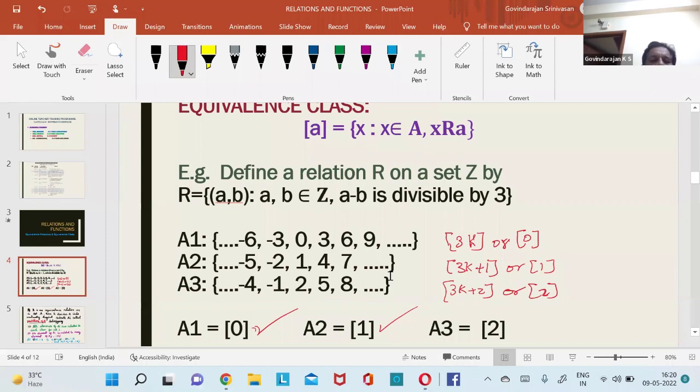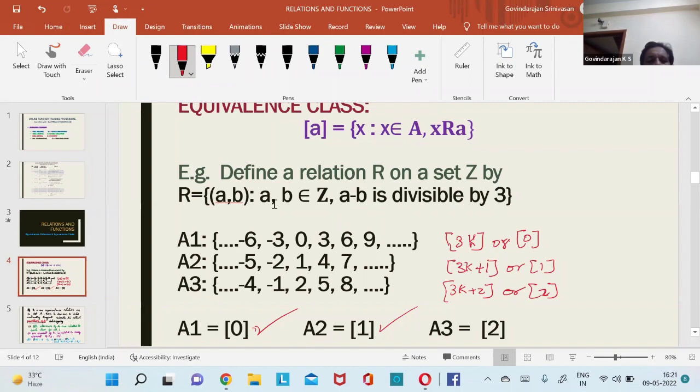So each subset is mutually disjoint, and these 3 subsets divide Z into the 3 equivalence classes. The union of A1, A2 and A3 will give the set of all integers.